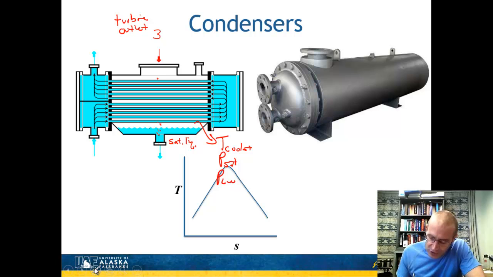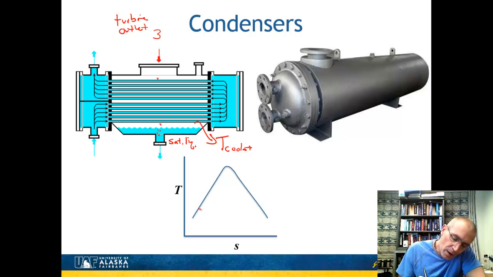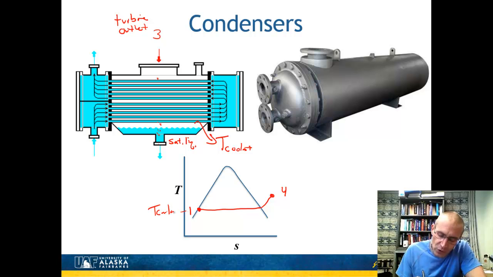Let me go ahead and show this in the diagram a little bit. Let me erase some of the stuff I just wrote and come back to my pen. If you remember, on our cycle we had this isobar that was at a point right there. So this is the condenser, going from point 4 to point 1, and that's an isobar. And it's occurring at this temperature, which would be, for example, the temperature of the coolant.